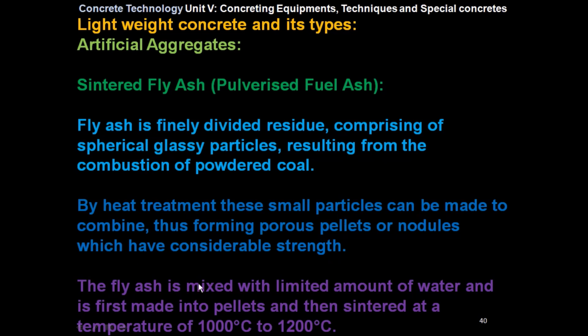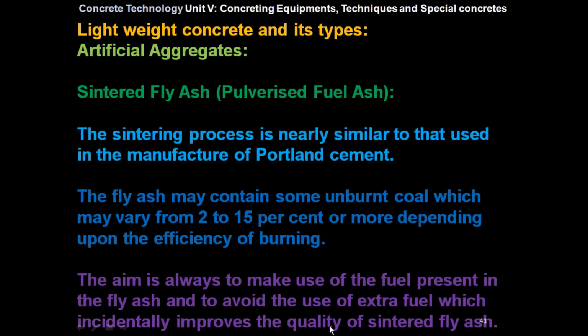strength. The fly ash is mixed with a limited amount of water and is first made into pellets and then sintered at a temperature of 1000 degrees Celsius to 1200 degrees Celsius. The sintering process is nearly similar to that used in the manufacture of Portland cement.